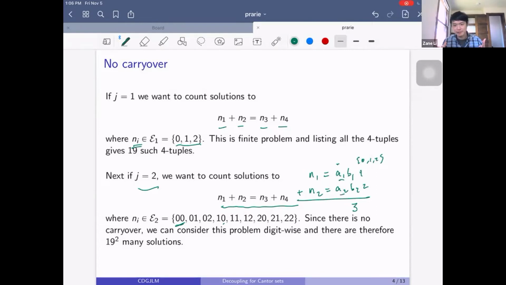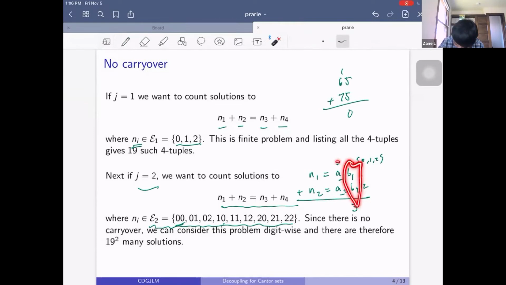There's no carryover. And this is compared to the situation if I'm adding like 65 plus 75, I have to carry a 1, right? So in this special situation, because of my Cantor set, my elliptic set has a nice structure, there is no carryover. And what happens is that this problem then becomes a tensor product of the problem digit-wise.